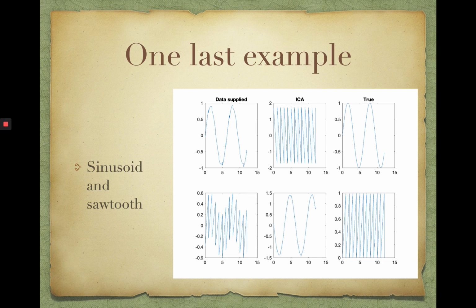It will not necessarily tell you them in the right order. I showed you the order it guessed them in. It found the sawtooth first, and then it went for the sinusoid, so therefore it put the sawtooth first. But that's not a problem, right? You can easily match up which one's which. So that one shows you how it can work.